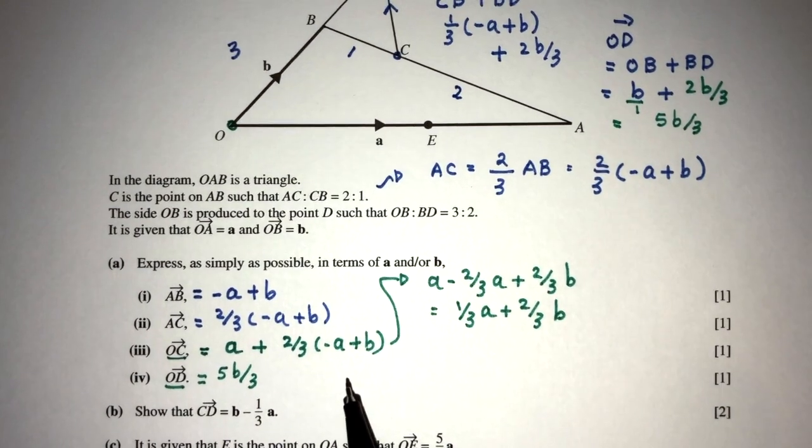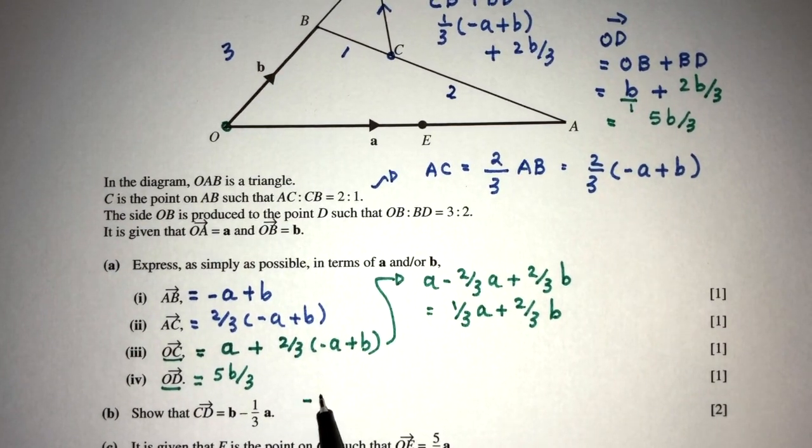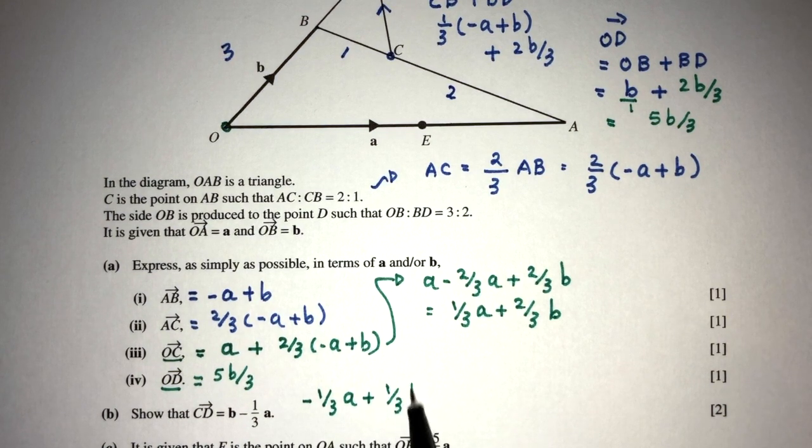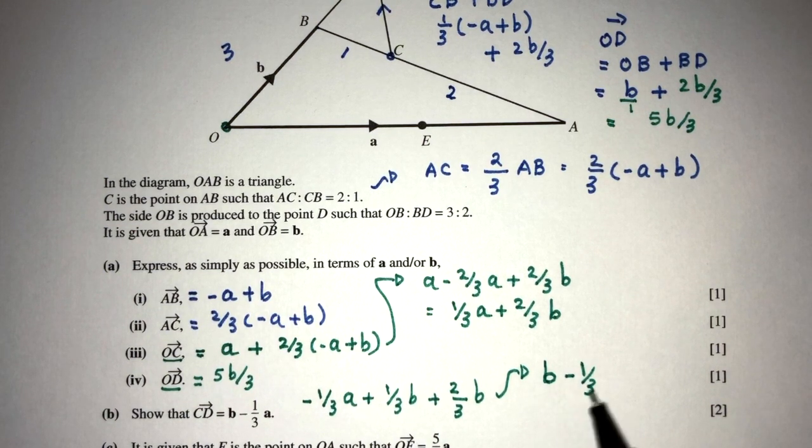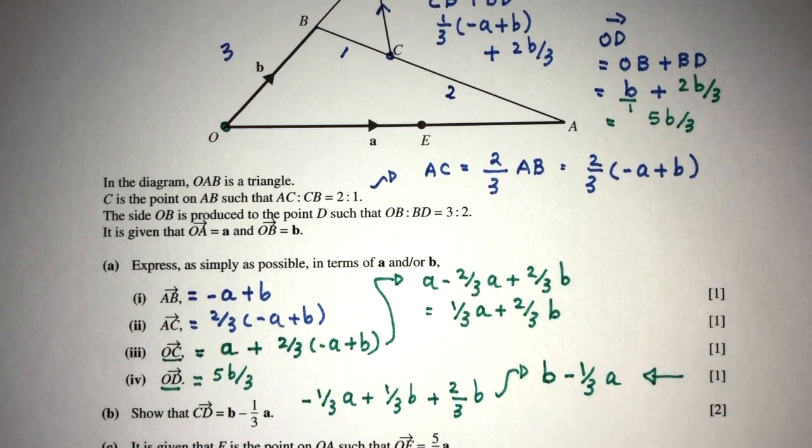Expand the brackets, you will have minus 1 over 3a plus 1 over 3b plus 2 over 3b. So 1 over 3 plus 2 over 3 should be 1, so b minus 1 over 3a. This is shown as required for part B.